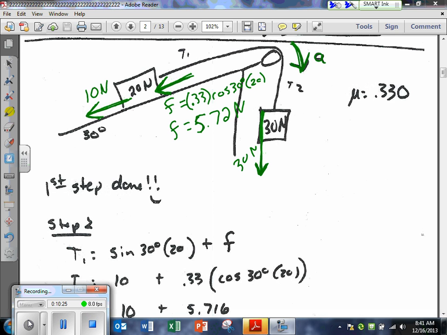Now we can actually do our little tension formulas. We'll say T1 is equal to T2. So there's the force down the ramp that causes tension in T1, plus the force of friction that causes more tension in T1, right? It's going to make it harder to pull. And that's all going to equal, wait, what else is happening over there?